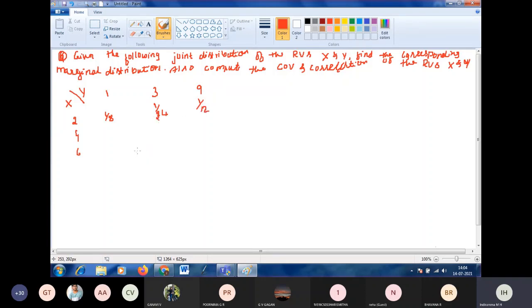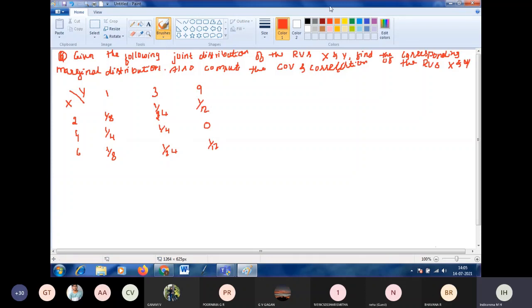Next 1 by 4, 1 by 4, 0. Next 1 by 8, 1 by 24 and 1 by 12. So this is the given data. This is a June 2019 question paper problem, and it is also there in the December 2018 question paper.